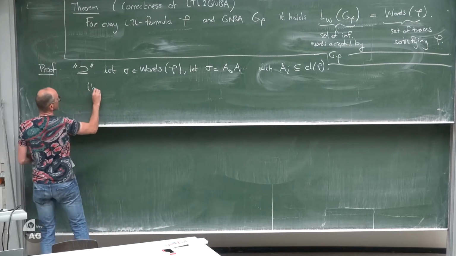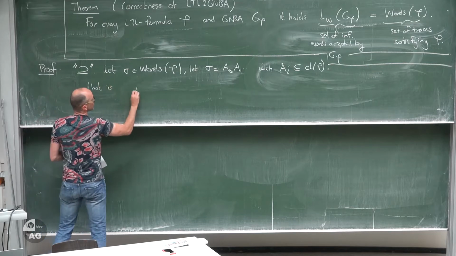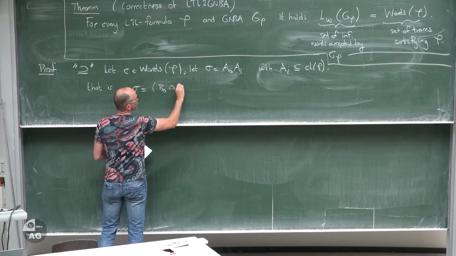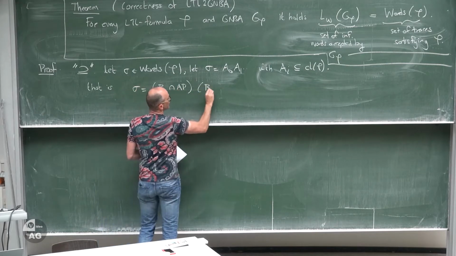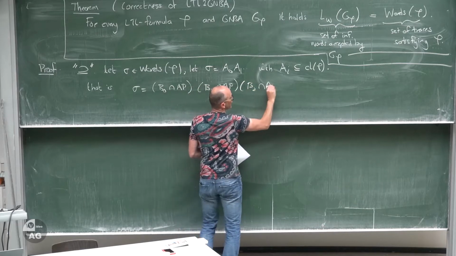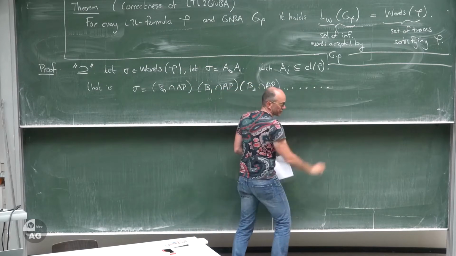That means sigma can be written as B0 intersection AP, B1 intersection AP, B2 intersection AP, etc.